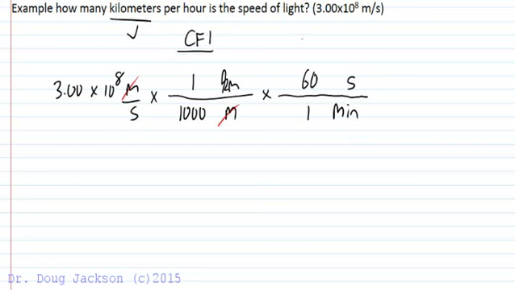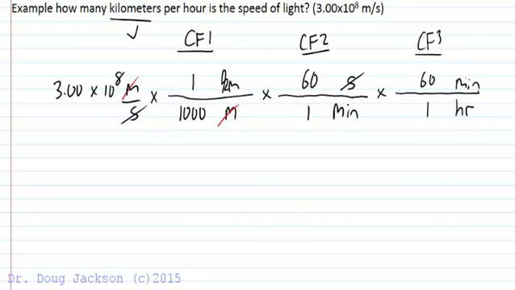Conversion factor 1, conversion factor 2. I can keep going. Well, now I'm rid of seconds, but I don't have hours yet. I need one more conversion factor. And so I want to get rid of minutes. So I put minutes on top, and I want to get hours. 60 minutes and 1 hour. Minutes goes away, and when I simplify down, the only things that don't cancel: kilometers on top, hours on bottom, and now it's just a matter of multiplying it out.